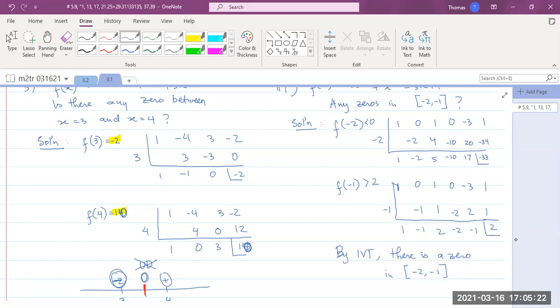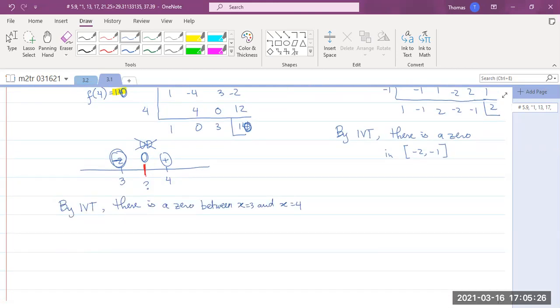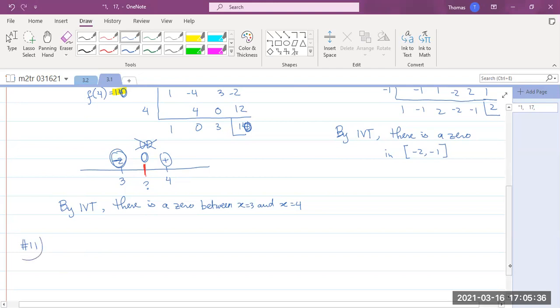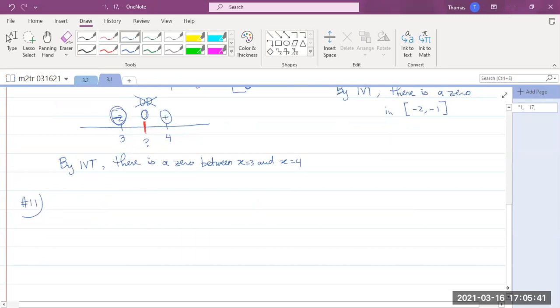Okay, now I will do number 11, but we are required to look at the textbook. So please take a look at your textbook for number 11. Let's see the graph first. 11a. Give me a second. Let me screenshot.